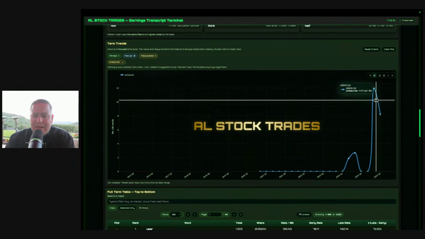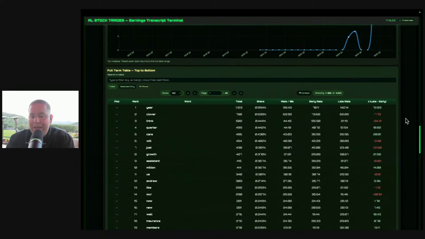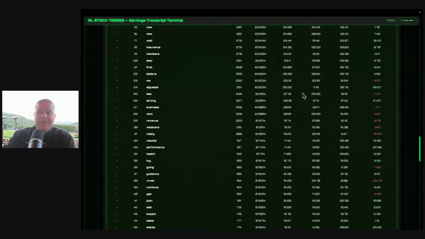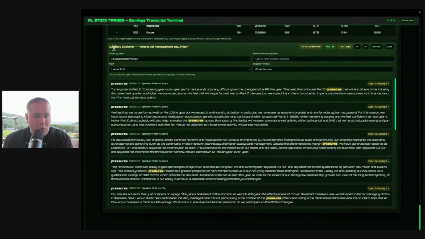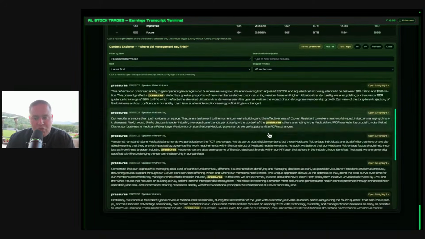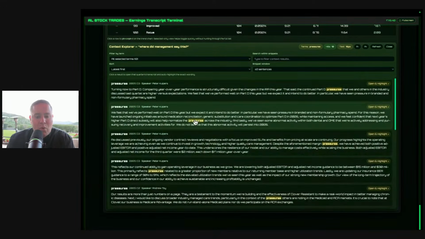But let's say you're like, okay, well, what's the context that they use the word pressure in? Well, you can go in and press this button called Contexts, and it'll bring you down to this thing called Context Explorer. Where did management say this? And then you're able to scroll here to figure out exactly when they said the word pressures.